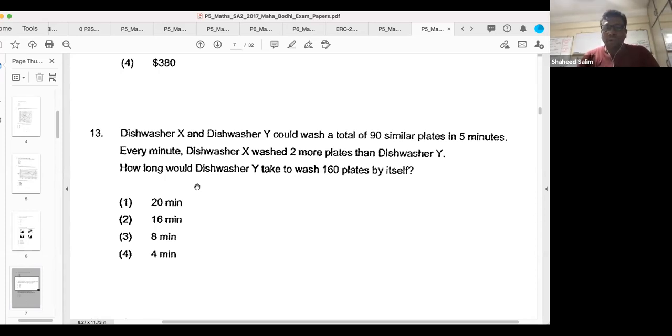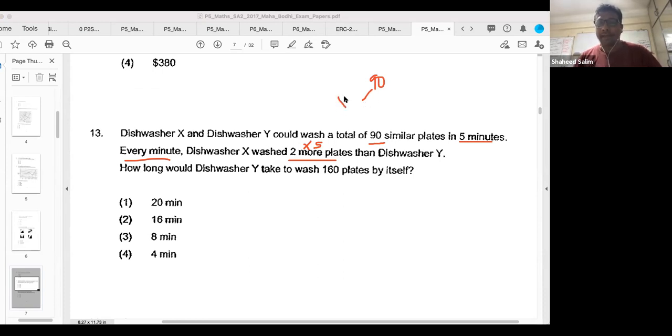Okay, dishwasher X and Y can do 90 in 5 minutes. Dishwasher X washes 2 more plates than Y every minute. So in 5 minutes, dishwasher X would wash how many more plates? This is 1 minute, for 5 minutes you times by 5. So this 90 here, we first of all minus the 10.